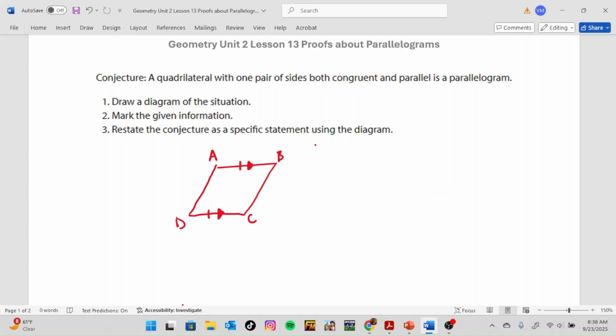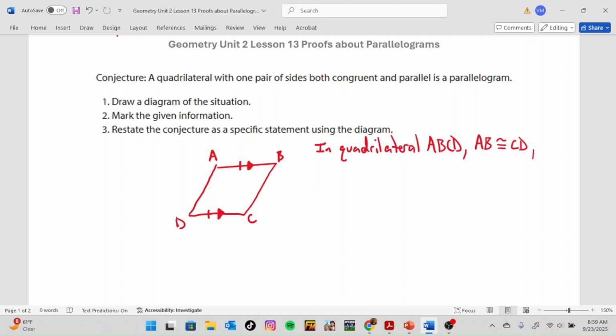So we're going to say, in quadrilateral A, B, C, D, our first statement is that the sides are congruent. So we'll say AB is congruent to CD.